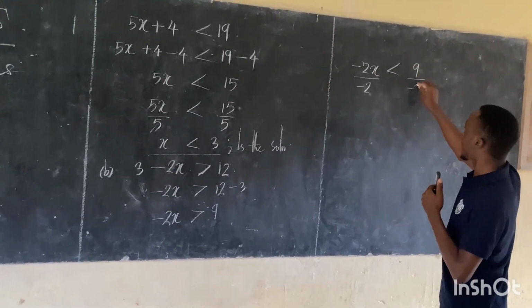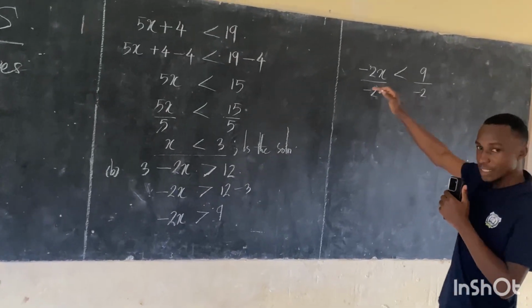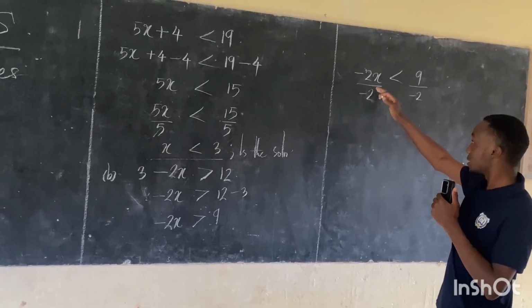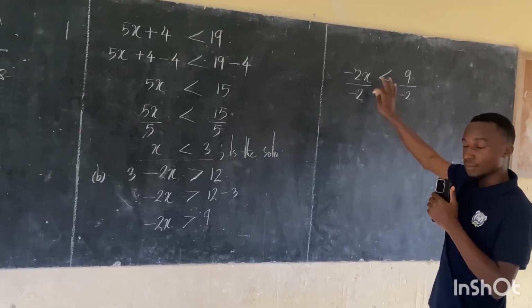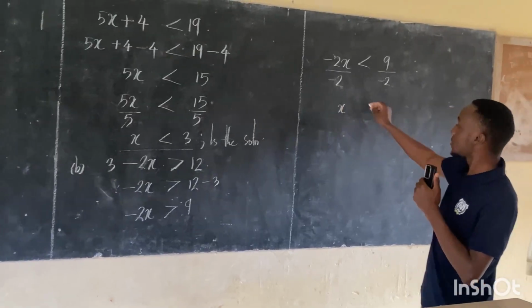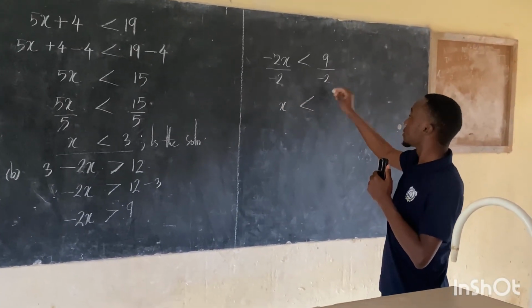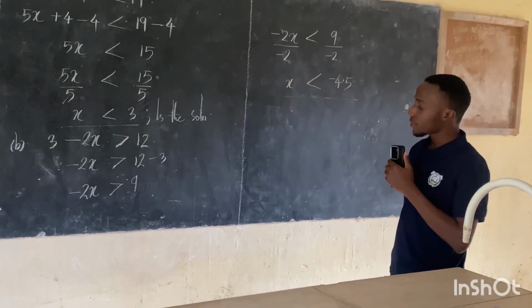We shall divide both sides by a negative, and at this step of dividing, it is where the sign should change. The sign should be reversed. So finally we shall get our x less than negative 4.5. And this will be our solution.